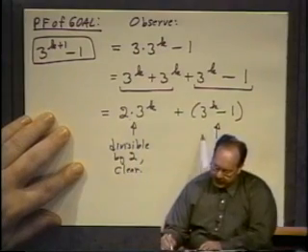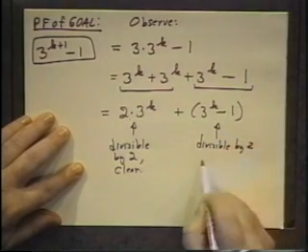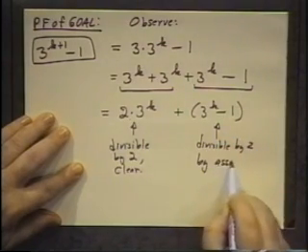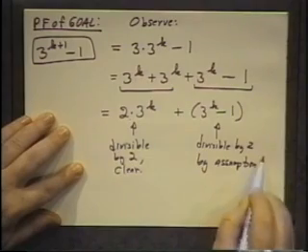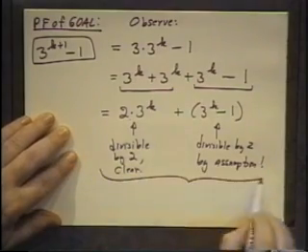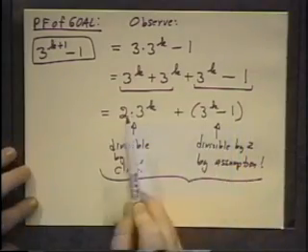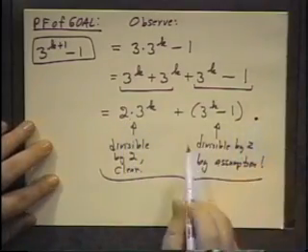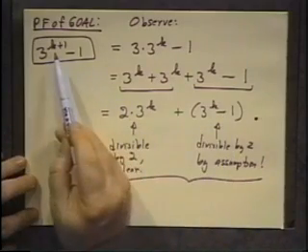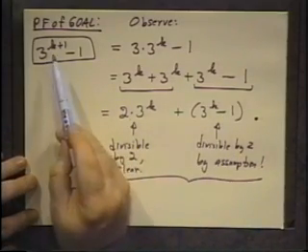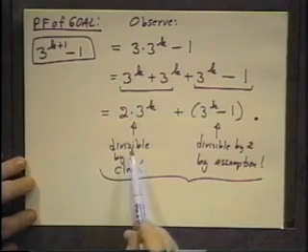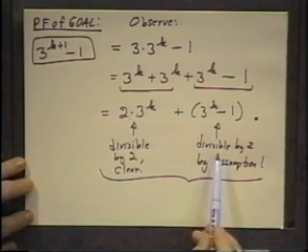The second part is divisible by 2 by assumption. So together they make this entire expression divisible by 2. But this expression equals the original. So the original 3 to the k plus 1 minus 1 is divisible by 2.